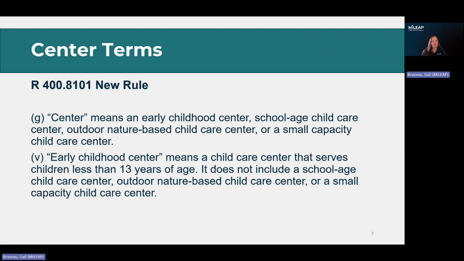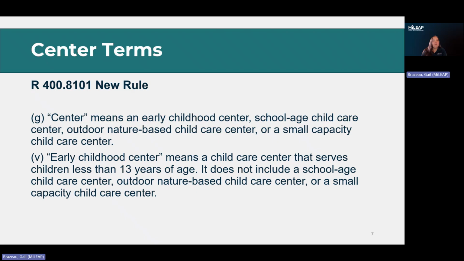We've brought in a definition for clarification into our new rule set. A center means an early childhood center, a school-age child care center, an outdoor nature-based child care center, or a small capacity child care center. So you'll see there's many different types of centers, and we're going to define each one of those.